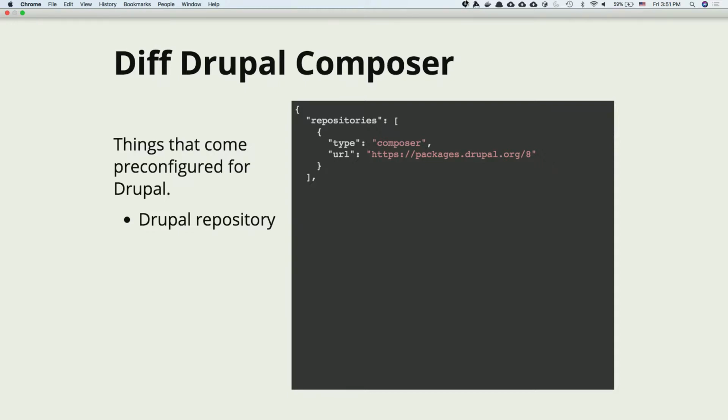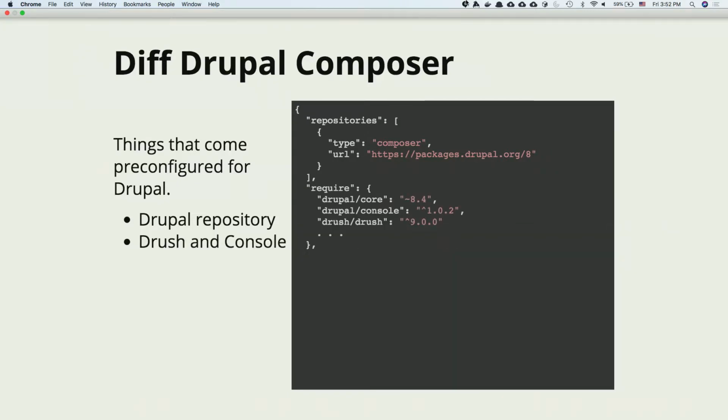Number one, it lists an additional repository to Packagist. Packagist is there by default, but now we're also listing Drupal.org as one of the available repositories, so that when you require admin toolbar, it knows to reach into Drupal.org for that. Some of the other things that come alongside it are tools like Drupal Console and Drush. So those are available to you through Drupal Composer project out of the box.